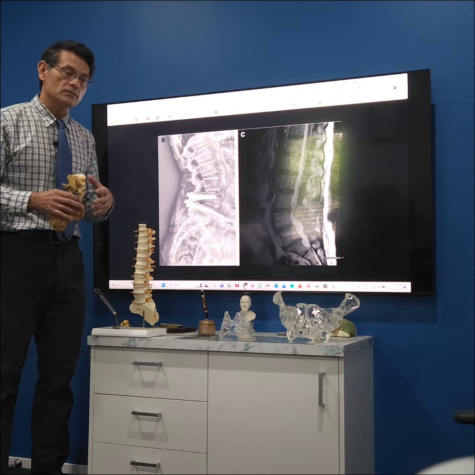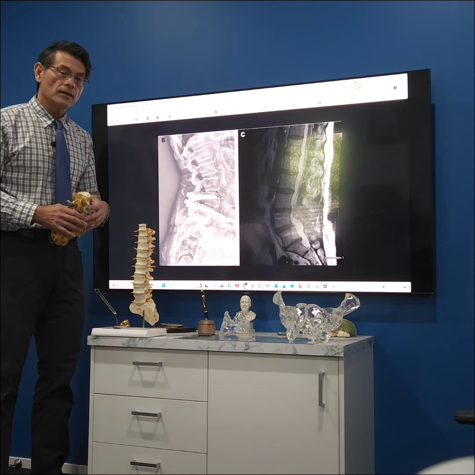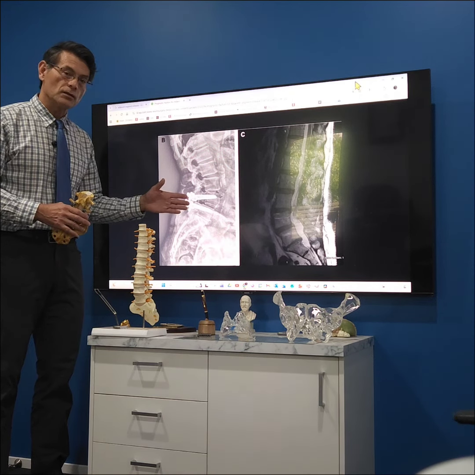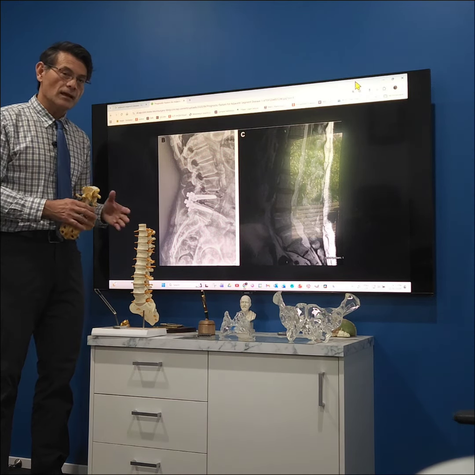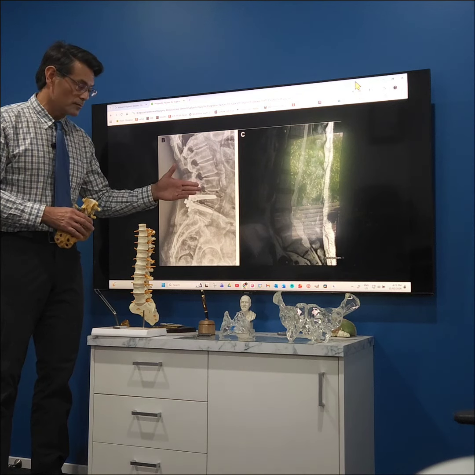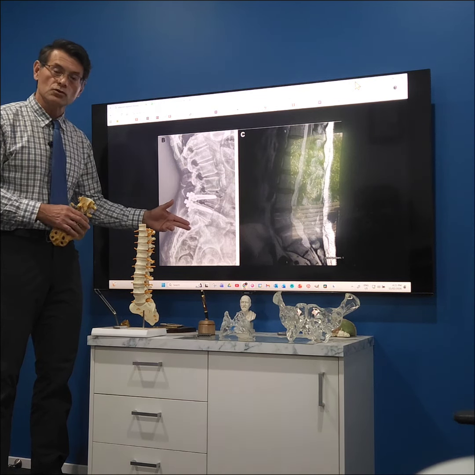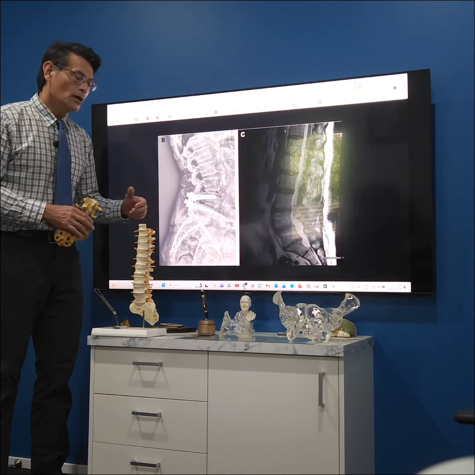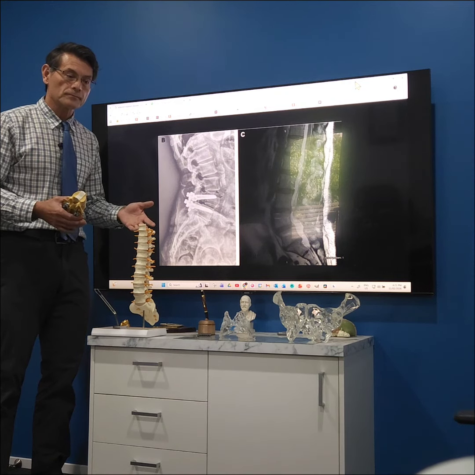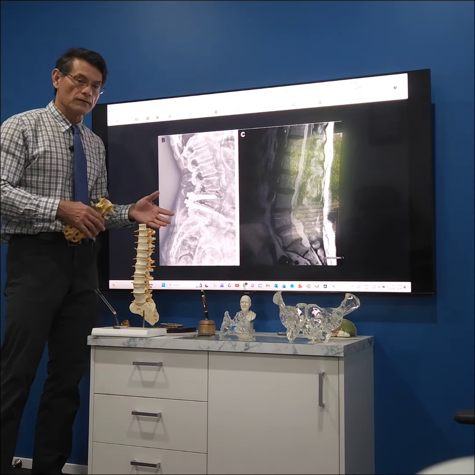So it doesn't really make sense to say that if I perform a fusion and stabilize a segment, is that going to cause problems at the next door joints, at the next door neighbors here. So adjacent segment disease is not a problem caused by a fusion.